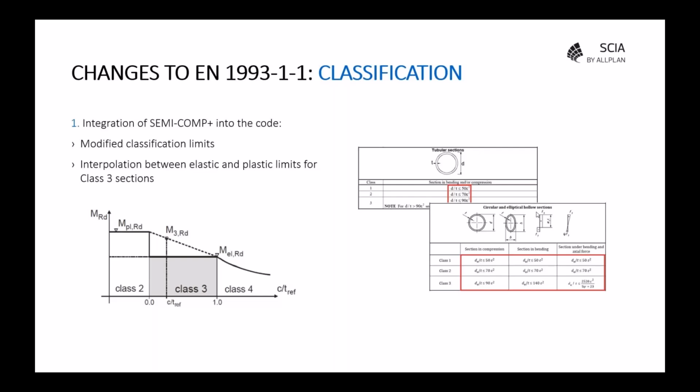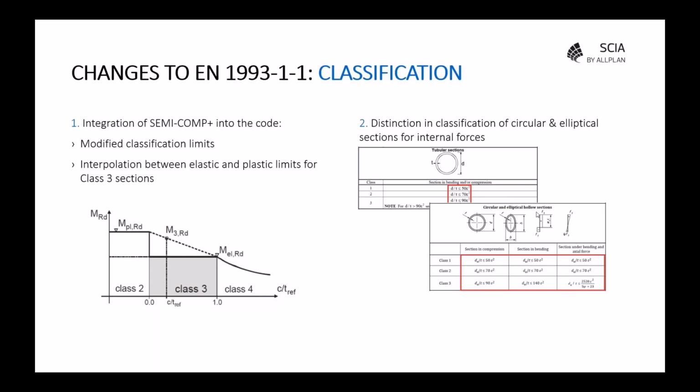And then secondly, for classification, there is now a distinction in classification for circular and elliptical sections in internal forces. So elliptical, those are new. Circular were already there, but they had the same classification regardless of whether it was in compression or in bending.